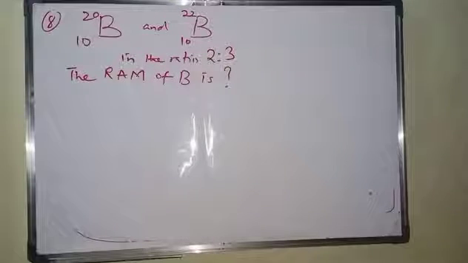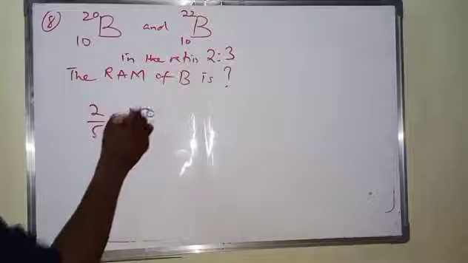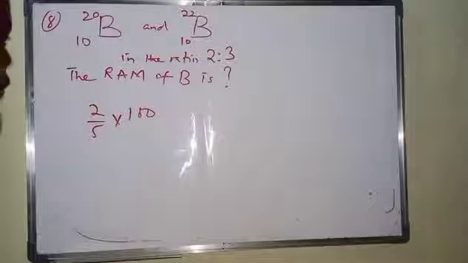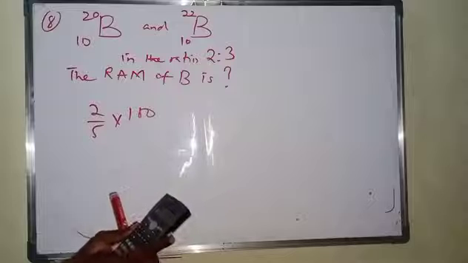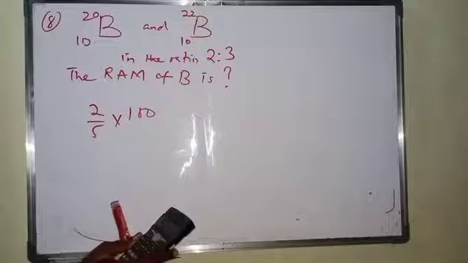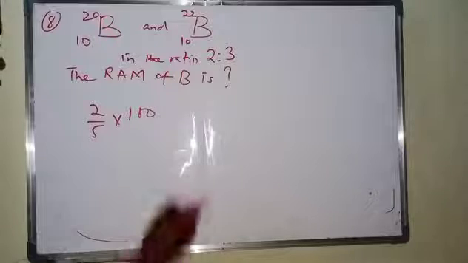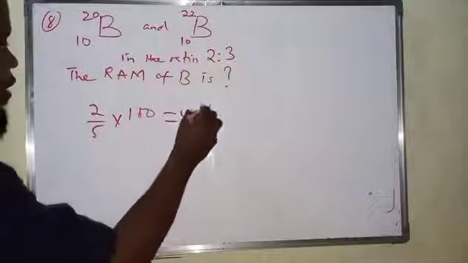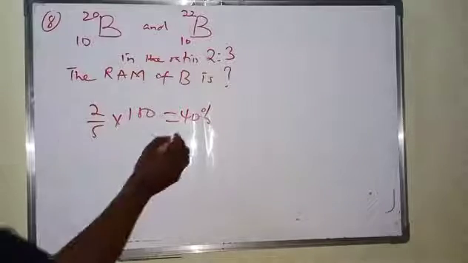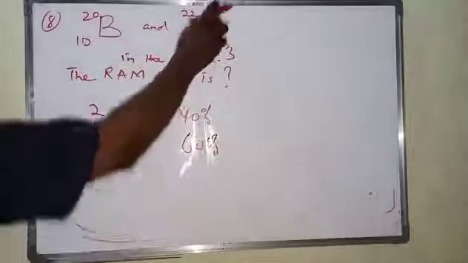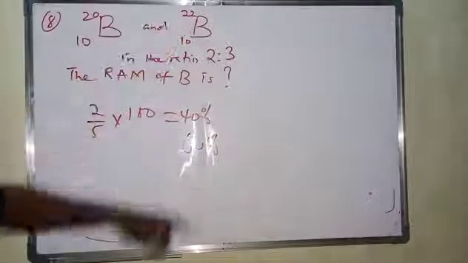So that is to say that 2/5 of every 100 is boron 20. So 200 divided by 5 means 40%. In terms of percentage, 40% is boron 20. Then definitely the 60% will be for boron 22, which means boron 22 is more abundant than boron 20.